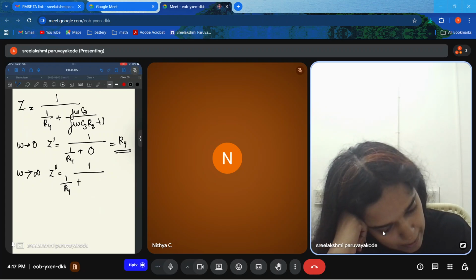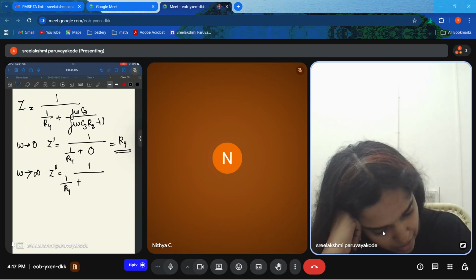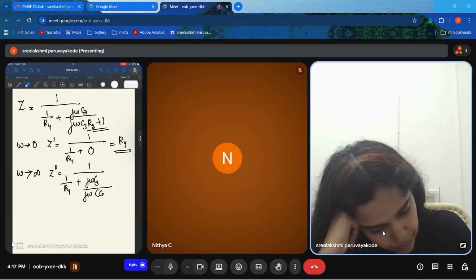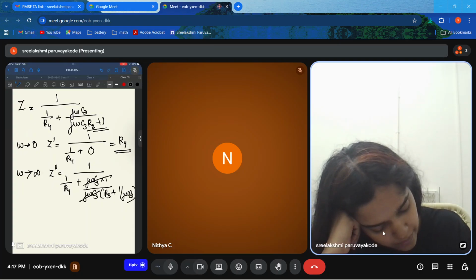Now, from the next term, I'm going to remove the j omega C3. So here it becomes j omega C3 into 1. Here down it again becomes j omega C3. If I remove this, it becomes 1 by R3 plus 1 by j omega C3. This is cut, this is cut.